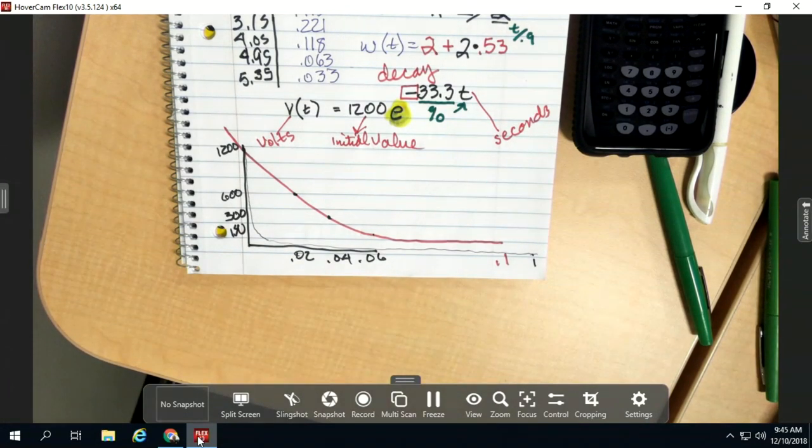If the first half-life was 0.02, 0.04, and so on, how could we figure that out?